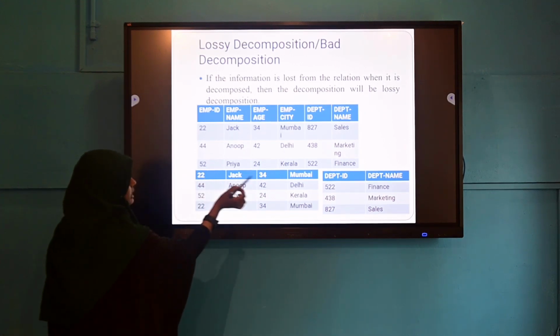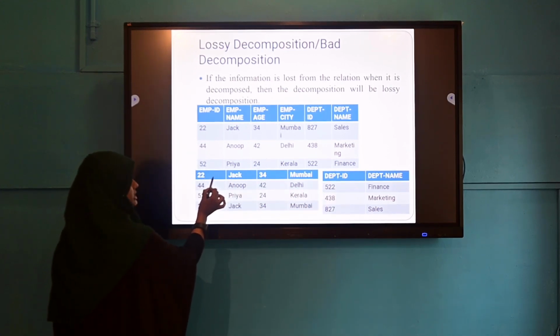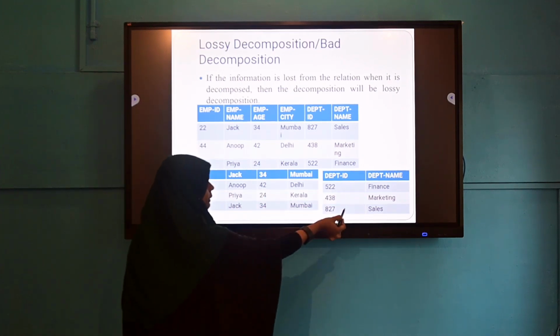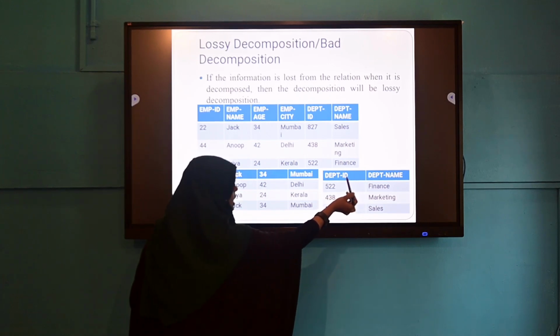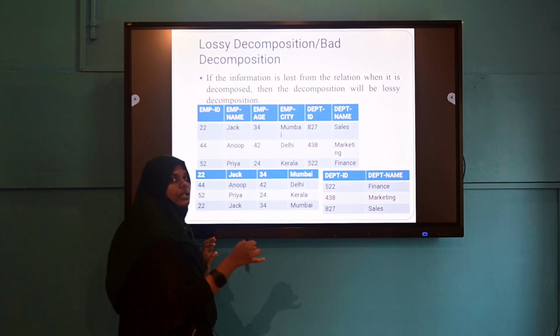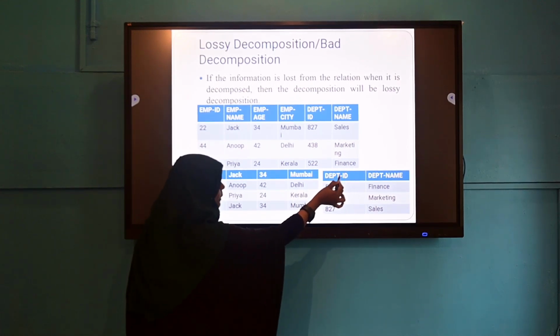Here the department table contains 2 attributes and the employee table contains 4 attributes. In the department table, we have only 2 attributes, department ID and department name. In the previous case, we used one additional attribute, employee ID, but here we are not using employee ID.